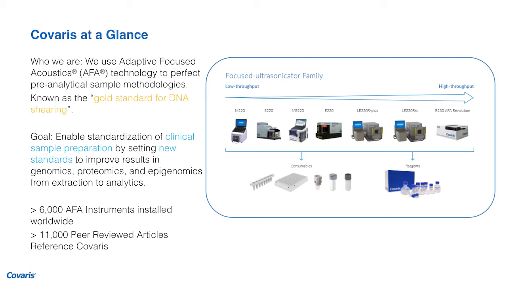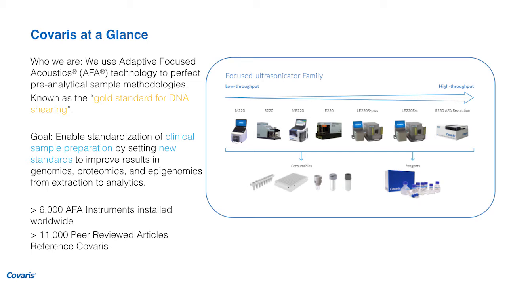Covaris is well known as the gold standard for DNA shearing, and with more than 6,000 instruments installed worldwide, we are present in almost all main genomic centers. In addition to genomics applications, our instruments can standardize the extraction and preparation of other biomolecules, such as chromatin, proteins, metabolites, and much more.